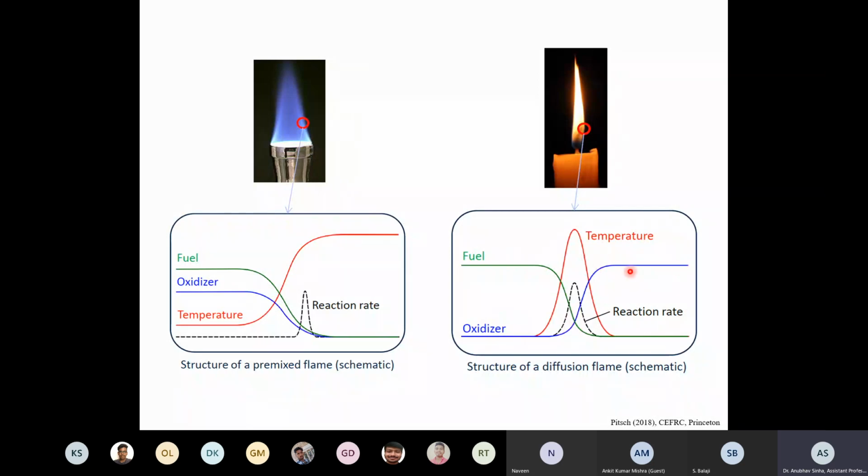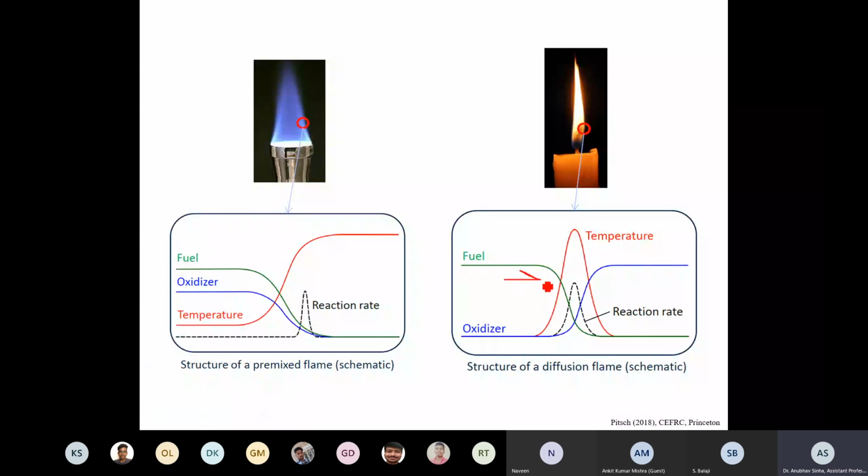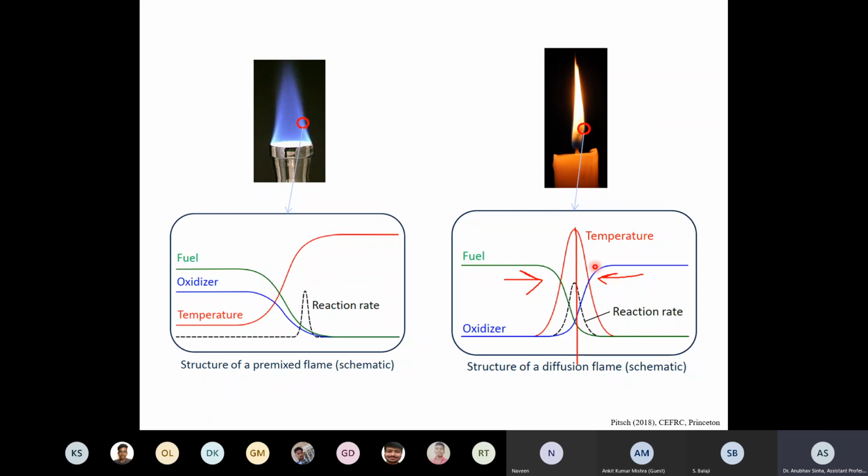Okay, so fuel is coming from inside, oxidizer is coming from outside, and at the flame surface they become 0, right? And there you see the rise in temperature as well as reaction rate. So temperature is highest at this point only. So that is one major difference.